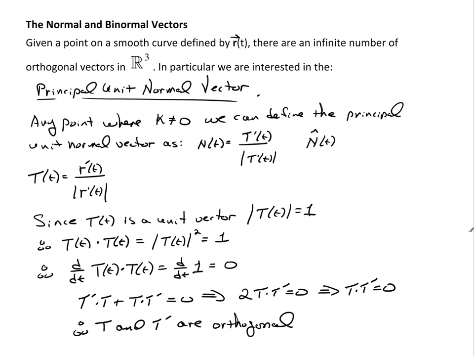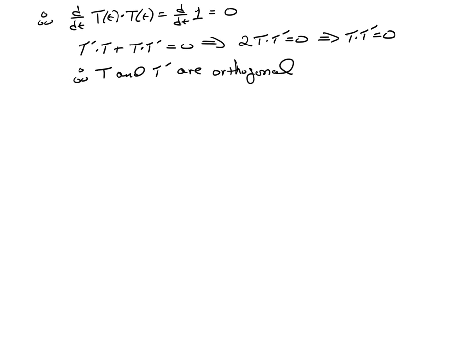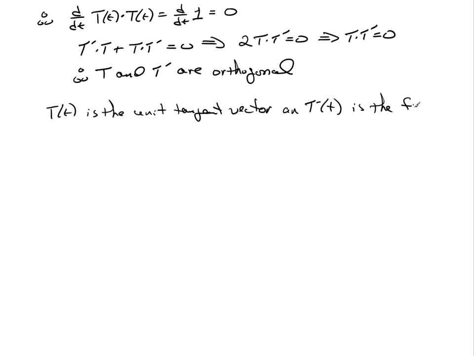Okay, so let's just discuss this idea a little bit more here. Now, we know that T is a unit vector, obviously. This is the unit tangent vector. And obviously, T prime is the first derivative.